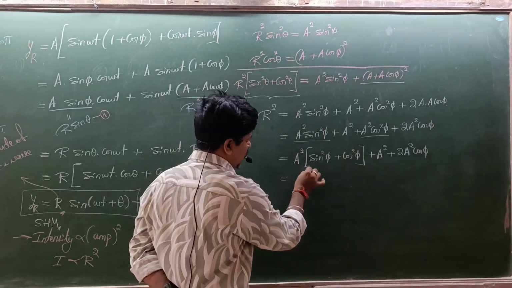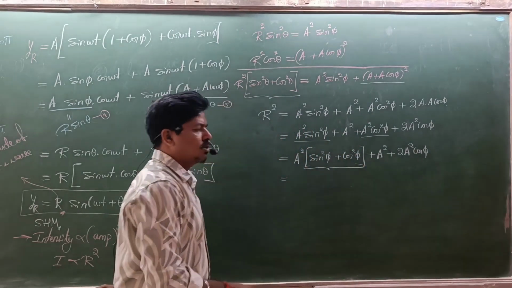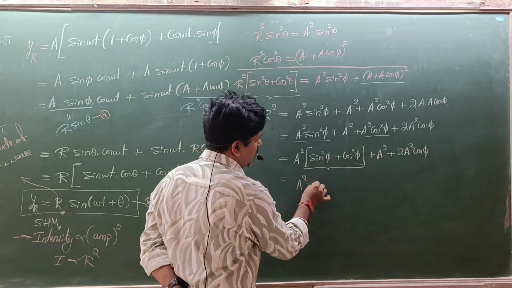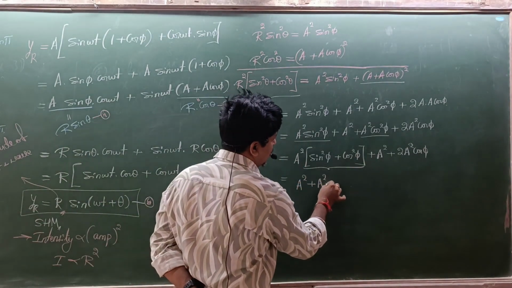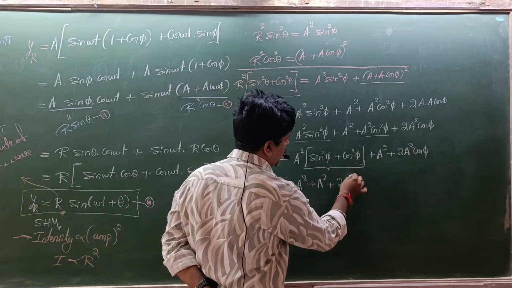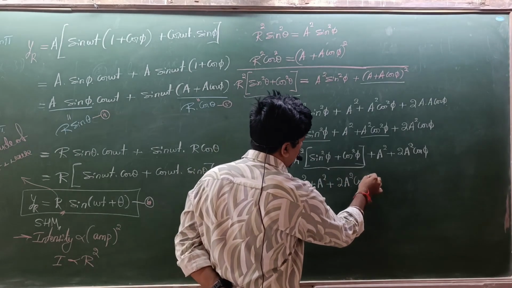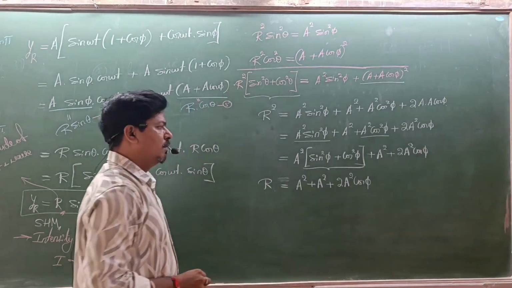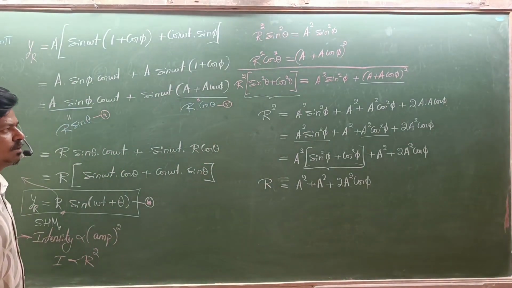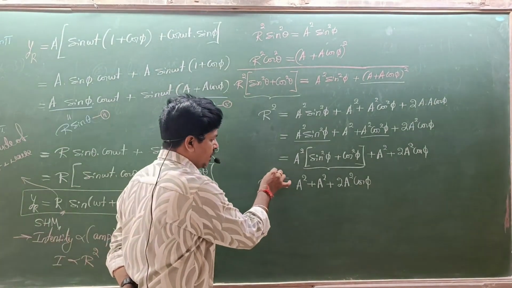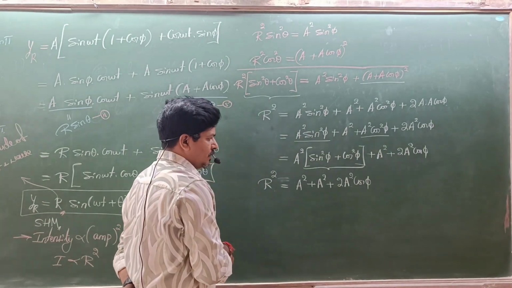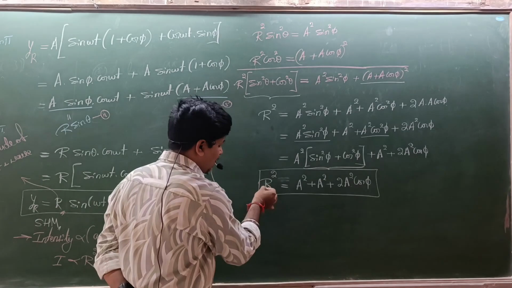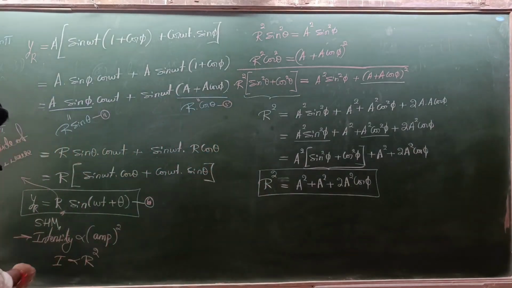So the value of sin square pi plus cos square pi is 1. This becomes a square plus a square plus 2a square cos pi. This is the value of what? R, the magnitude of this is r square, right? So r square is directly proportional to what? Intensity.